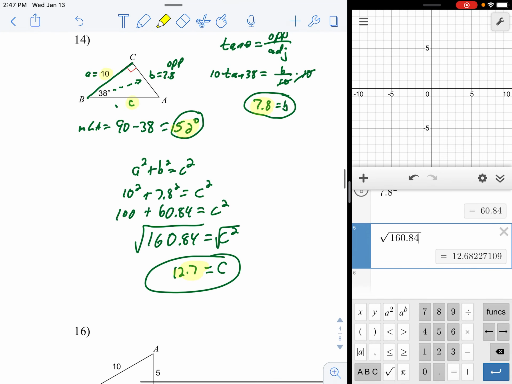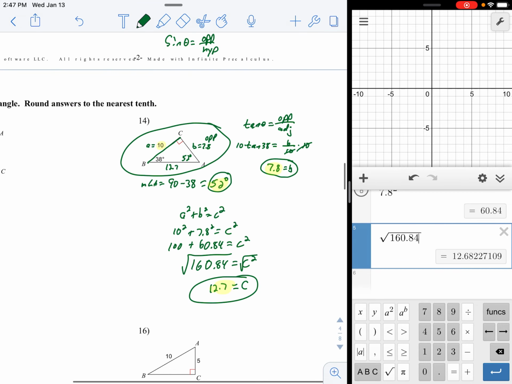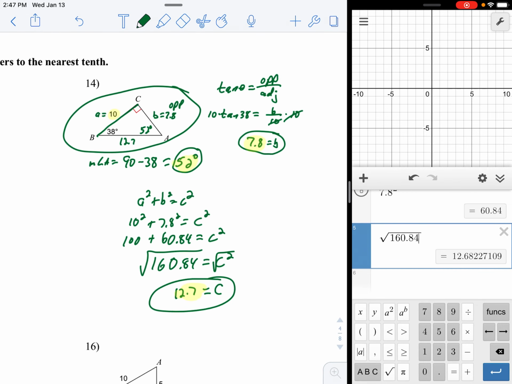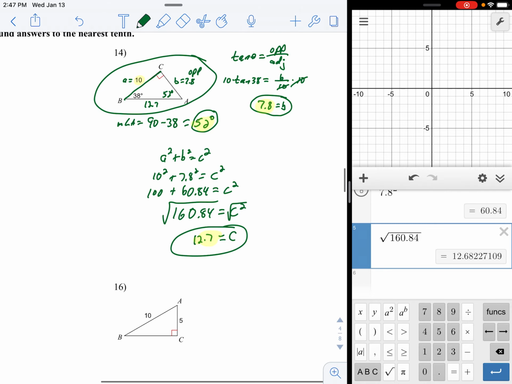Now, do you have to write your answers up here like they did in the answer key? No, not necessarily, but I admit I do like the way that looked down there. So you could say that's my answer. By the way, make sure you're showing your work.